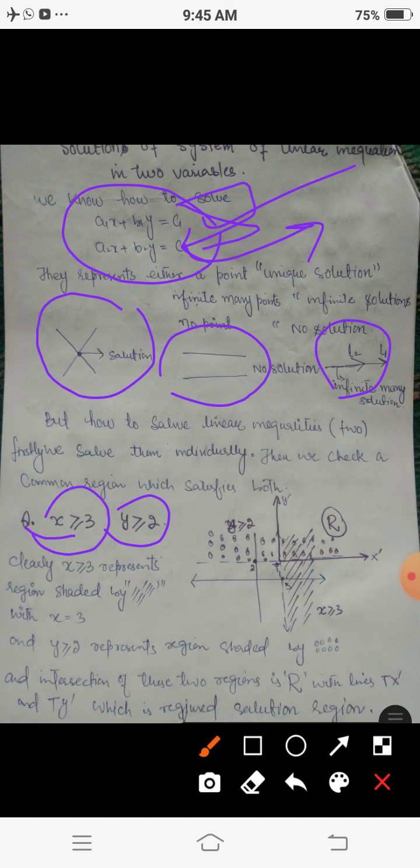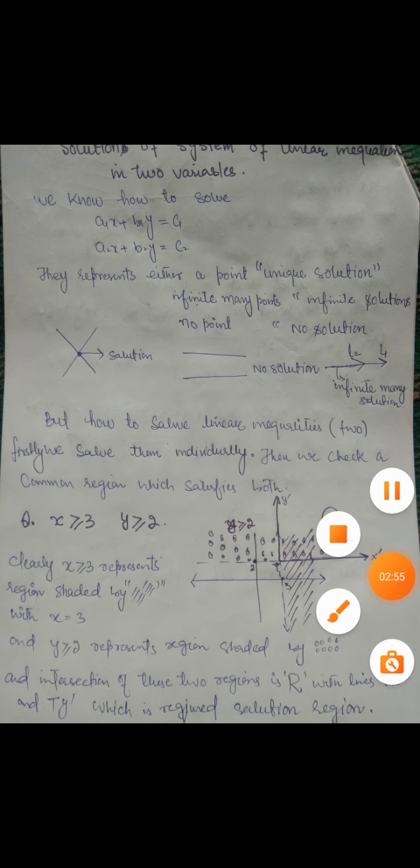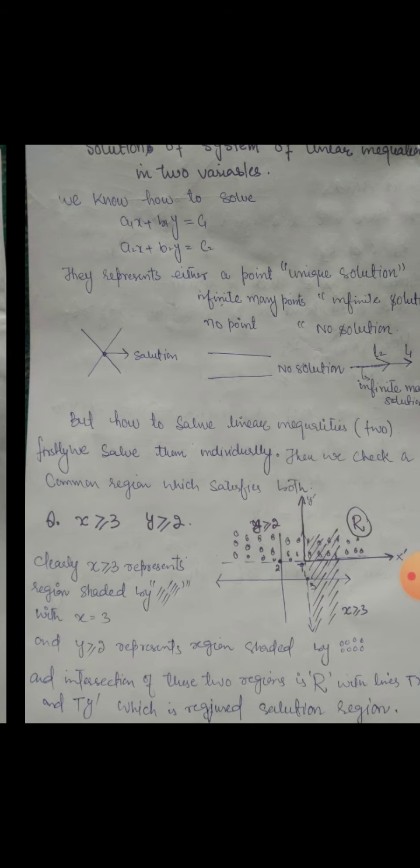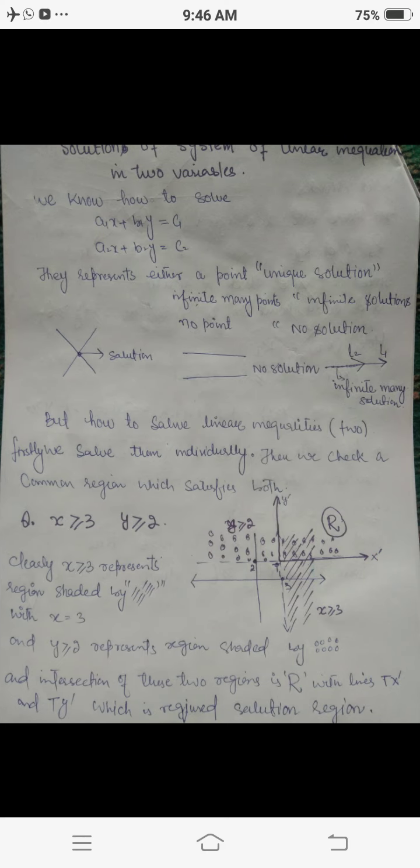To do that, we first draw x equals 3, which is the line perpendicular to the x-axis passing through x equals 3. x greater or equal to 3 means all the points greater than 3 lie on this side or on this line.